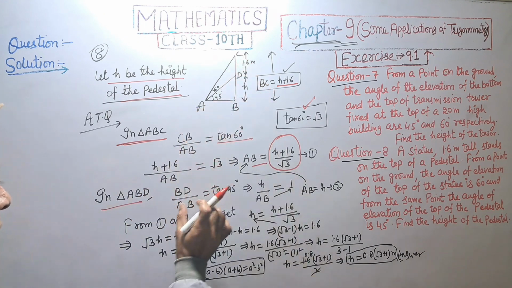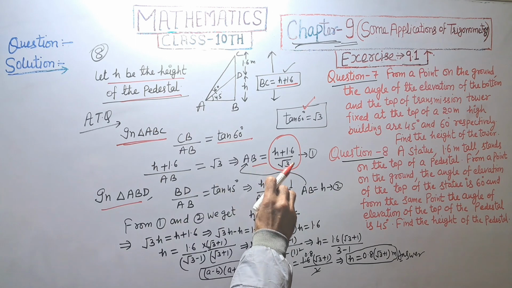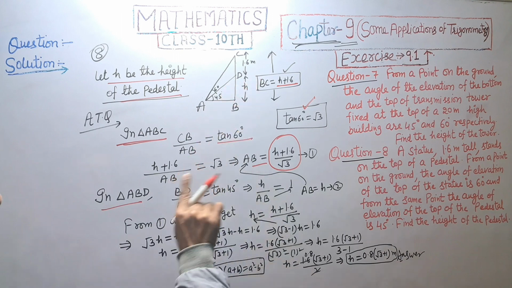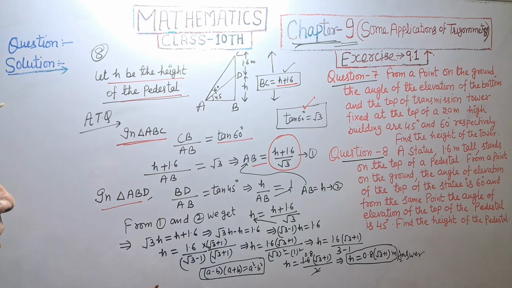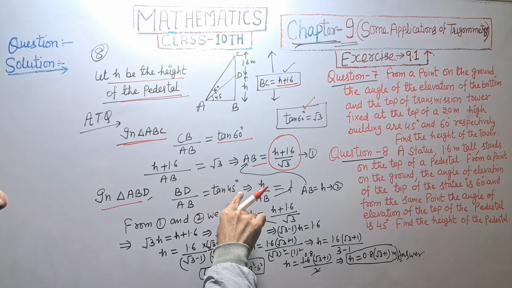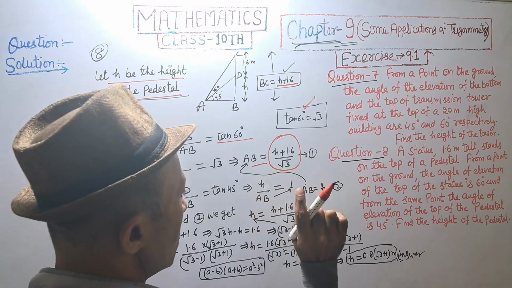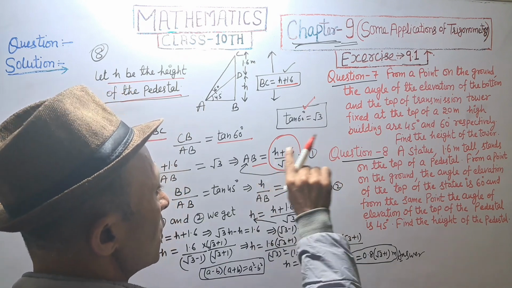And in another triangle ABD, DB upon AB is equal to tangent 45 degree, the value of tangent 45 degree is equal to 1, and BD is equal to h, that is the height of the pedestal. h upon AB is equal to 1, AB multiplying on the right side, so we get AB is equal to h.